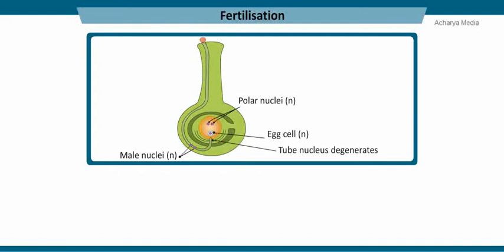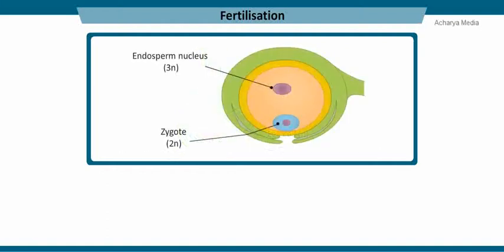As the pollen tube grows, it makes its way down the style and into the ovary. Here, the pollen tube reaches the micropyle of the ovule and digests its way into one of the synergids, releasing its content, which includes the male nuclei. The synergid degenerates and one of the male nuclei fertilizes the egg cell, producing a diploid, that is 2N zygote.